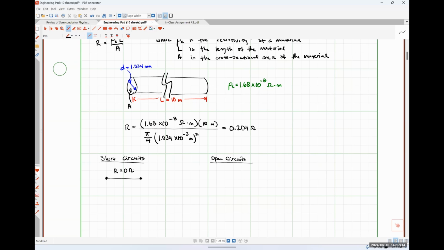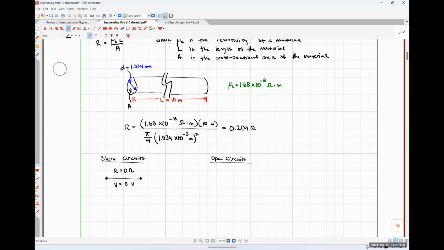So according to Ohm's law, then, the voltage drop across any short circuit or just section of wire that we see is always going to be considered to be 0 volts. Okay? So anytime we have just a section of wire, we are going to say that there's no voltage drop across it.